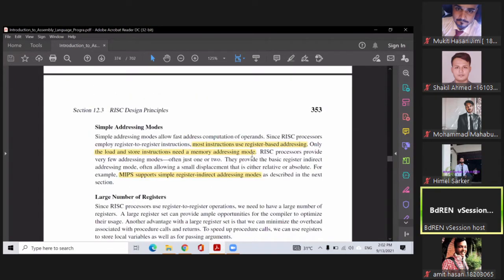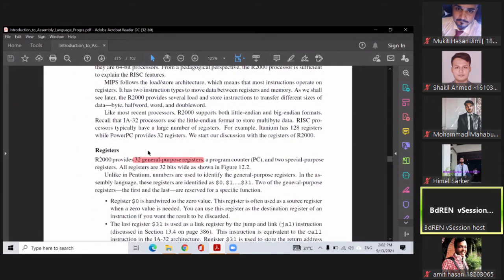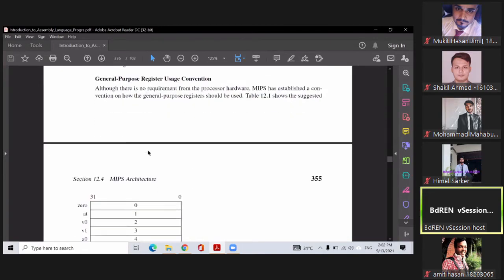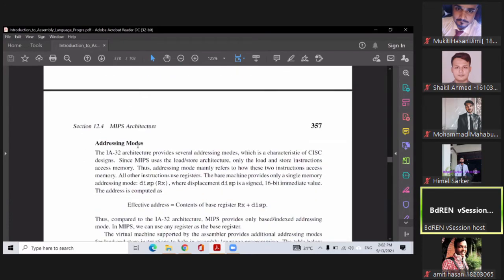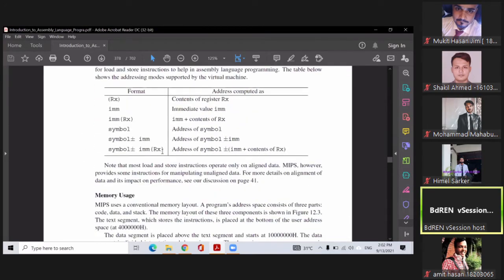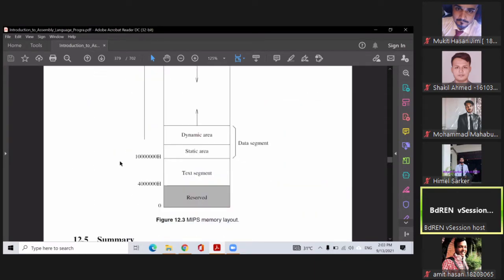After that, we discussed our MIPS architecture, the registers, our addressing modes, and our memory usage as well. So that's what we have discussed so far. That is chapter number 12.